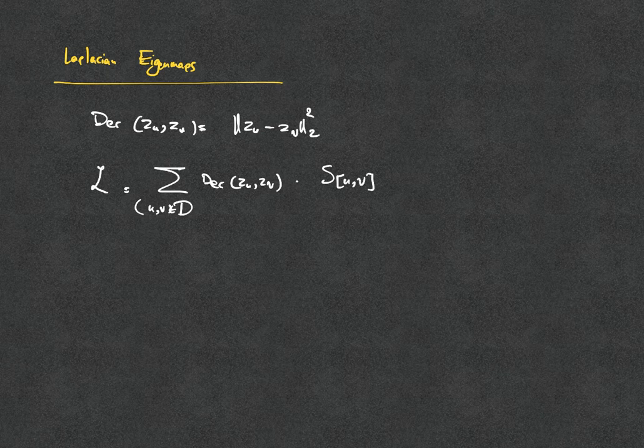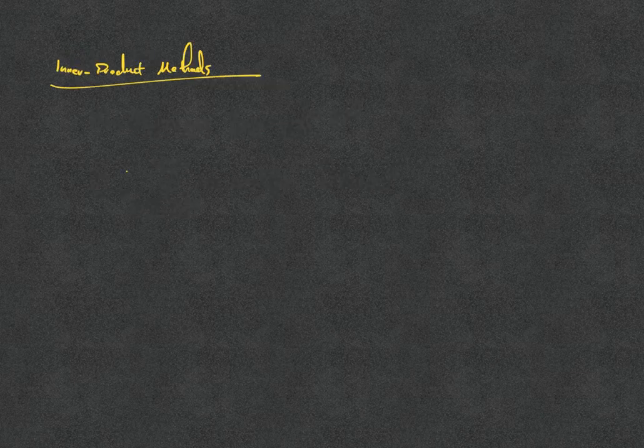You can see the idea behind this loss is that when two nodes are very similar, this value goes high. So in order to minimize the loss, this decoder function, which is the geometric distance, or Euclidean distance, between the two, has to be minimized.